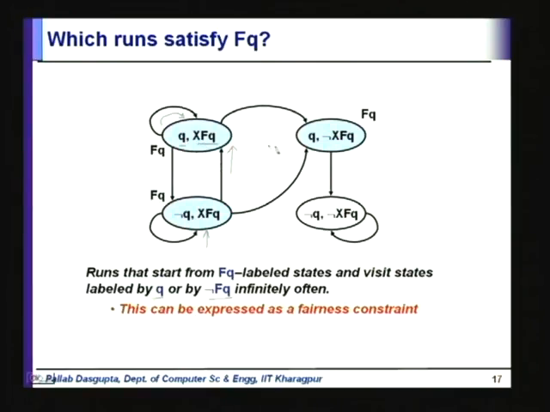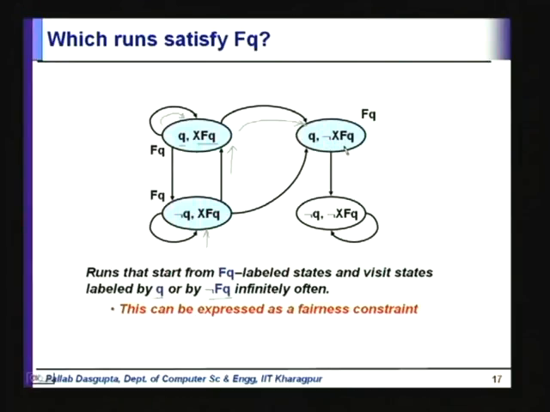When do your promises end? When you do not have any more Qs in the run, then you must end up here. Remember that we are talking about the acceptance of infinite runs, infinite sequences. So when you are here, it requires not of XFQ.